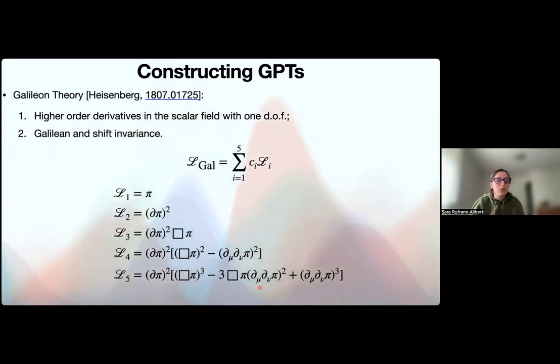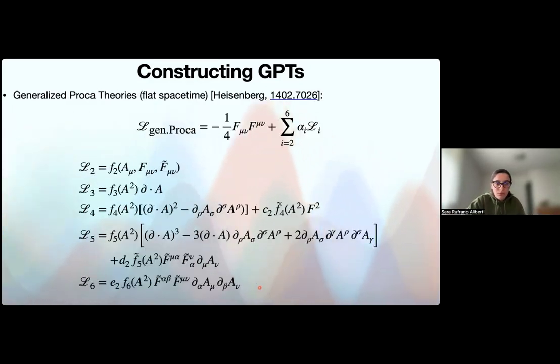Now, in order to maintain this structure of the Galilean theory, introducing also a screening mechanism of this fifth force in order to get a good description for dynamical dark energy compared to our data, our observations, generalized Proca theories were introduced. As I mentioned before, we had higher derivatives in the vector field, requiring 3 propagating degrees of freedom, and the longitudinal mode must be a Galilean.